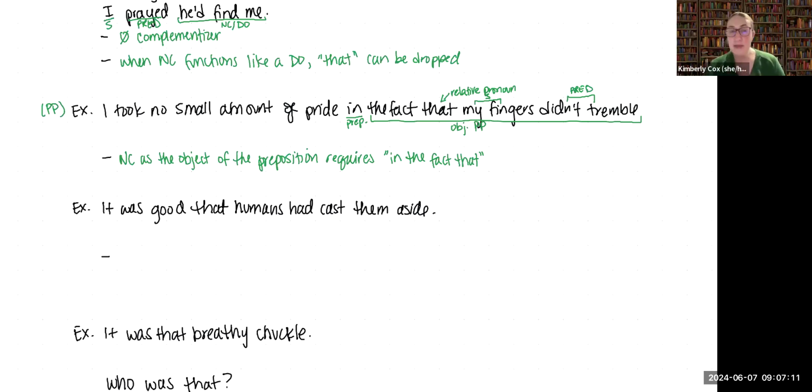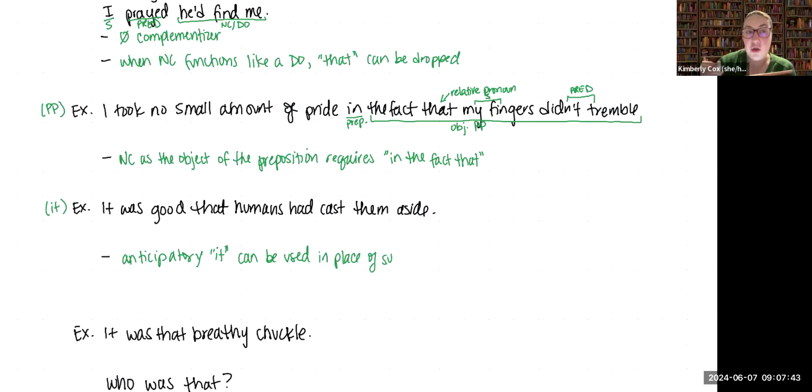The next example is going to teach us about the anticipatory "it." And that is what it's called. The anticipatory "it" can be used in place of subjects.